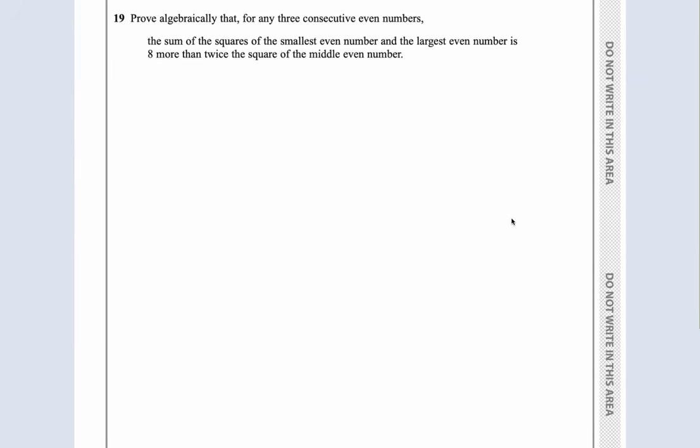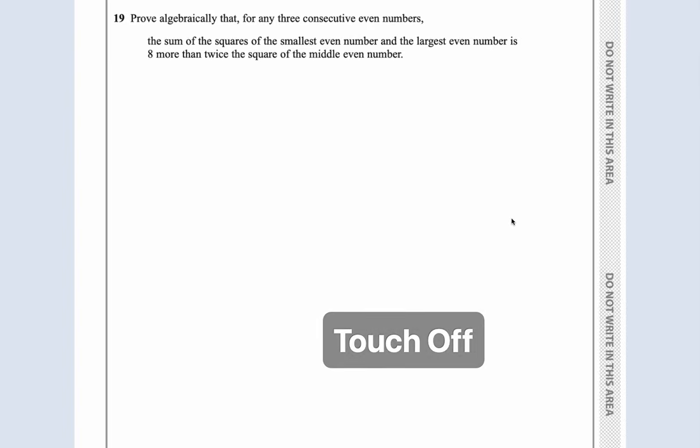Okay. Question 19. Prove algebraically that for any three consecutive even numbers, the sum of the squares of the smallest even number and the largest even number is 8 more than twice the square of the middle even number. Okay, so that's a strange question, guys.